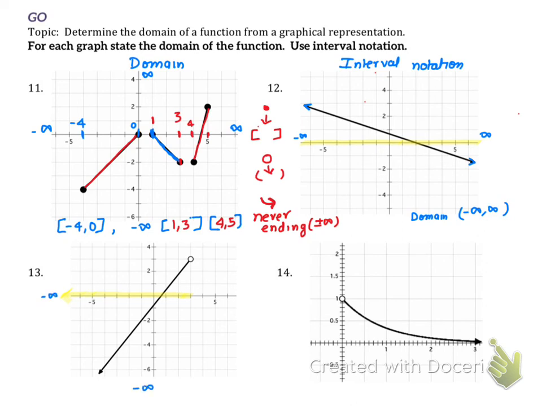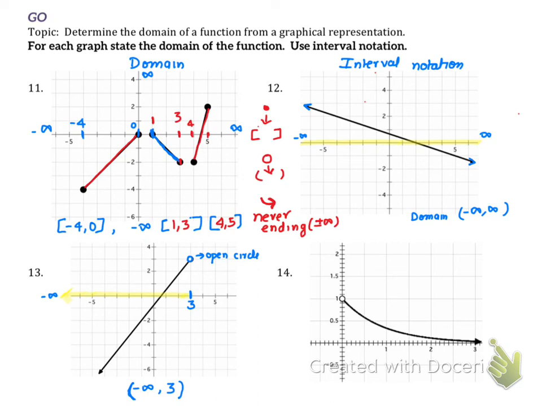So the domain is negative infinity, comma, 3, and here the open circle at 3 means you have to use a round parenthesis. Whenever you're using infinity, it is never included, so you always use the parenthesis. Also make sure that whenever you're writing the domain, the smallest number is written first and then the greatest one.